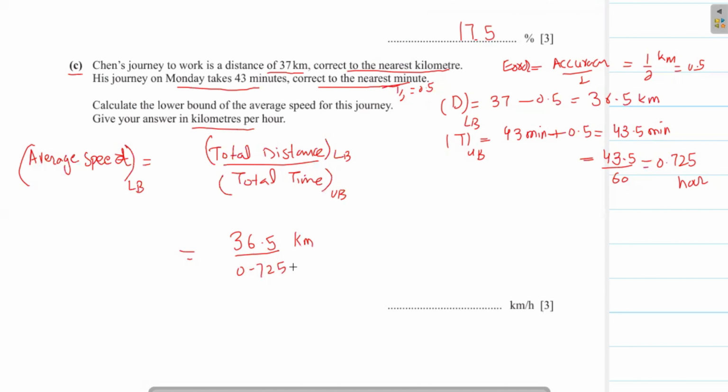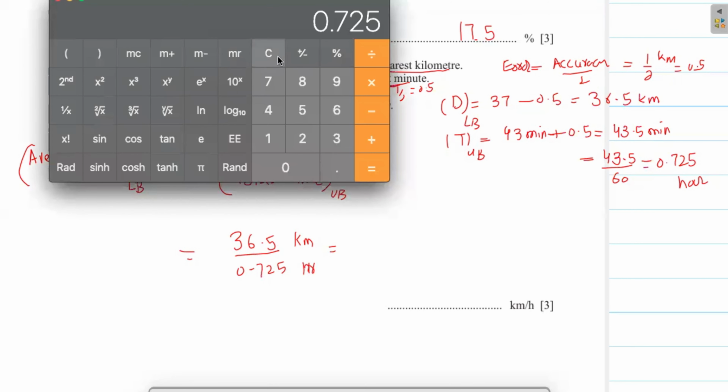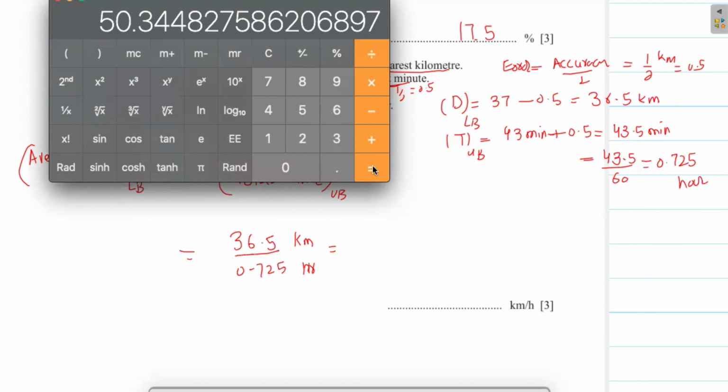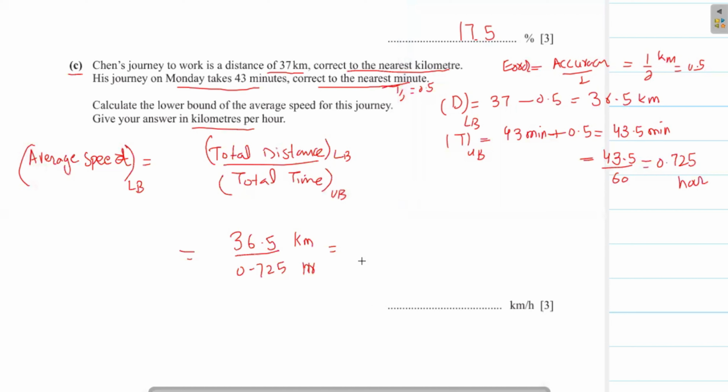This is in kilometer and 0.725 in hours. Therefore, this will be equal to 36.5 divided by 0.725, and this will be equal to 50.34 kilometer per hour, and the 3SF value here is 50.3 kilometer per hour is the answer.